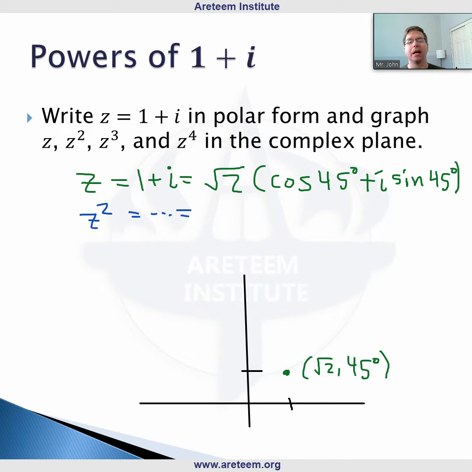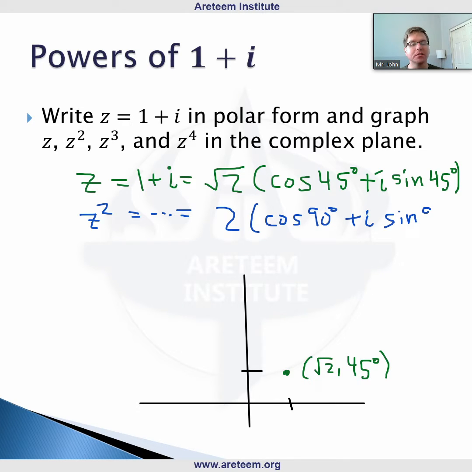Let's focus on the polar form. Well, we square the modulus. Square root of 2 squared is just 2. And then our argument is just double 45, 2 times 45. So this is 2 times cosine of 90 degrees plus i sine of 90 degrees.